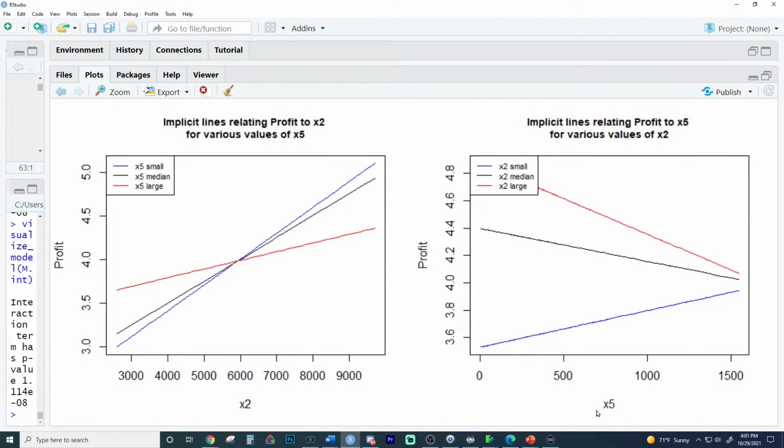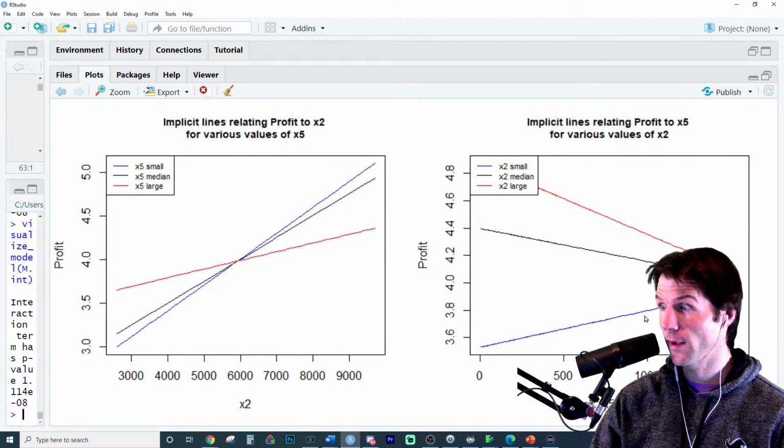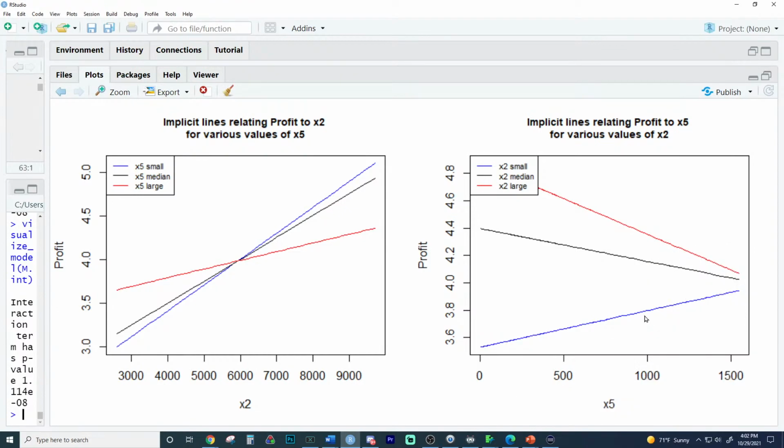So the relationship x5 has with profit is what? The answer is up here. Is it negative? Is it positive? Is it slightly negative? The relationship x5 has with profit because of the interaction, what? I'll give it a second.